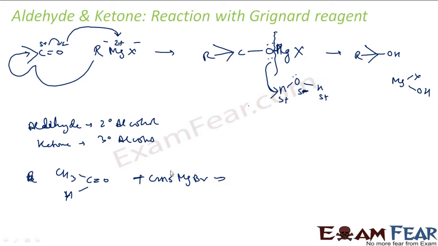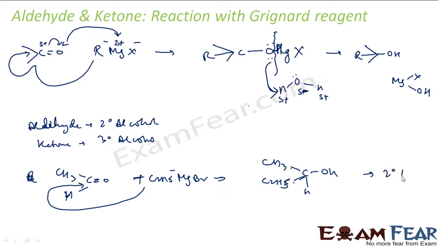What will happen is the C2H5 will attack this carbon, and the MgBr will go and you get OH here, right? So what I will get is CH3, C2H5, H, and this becomes OH. This is what I'll get. And this, if you see, is my 2-degree alcohol.